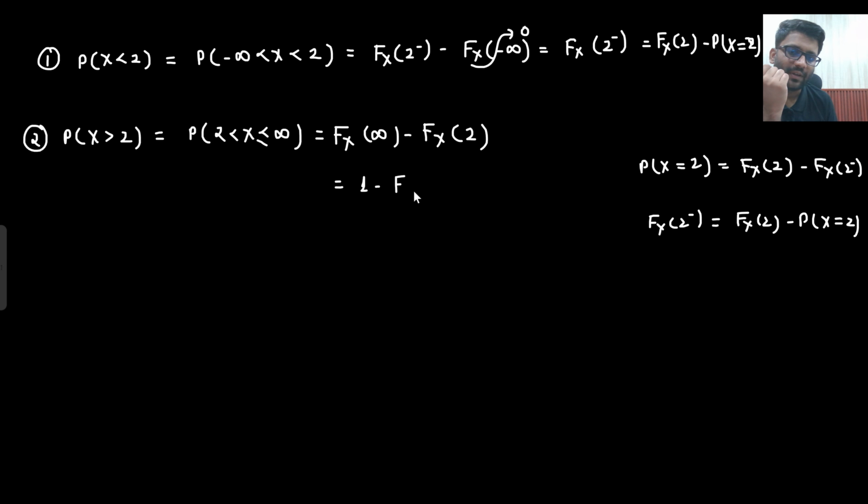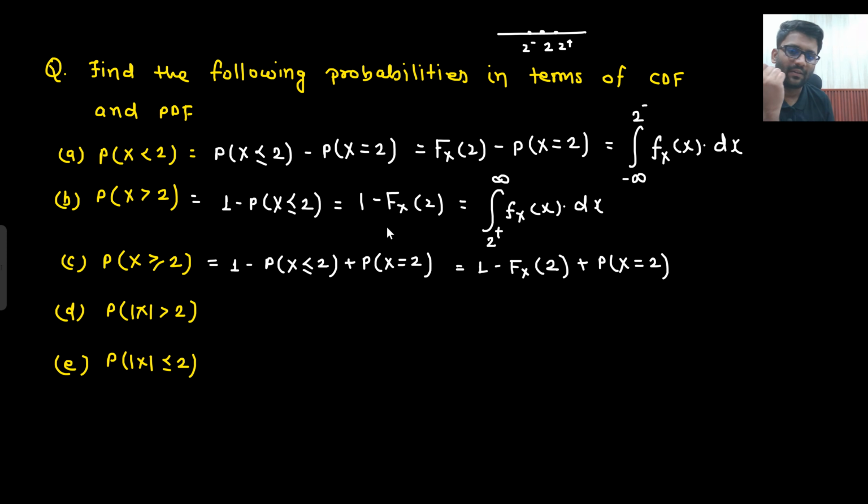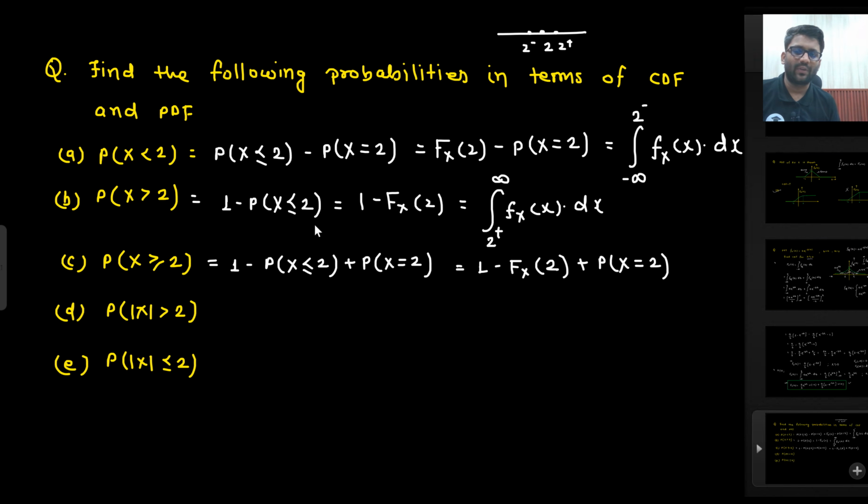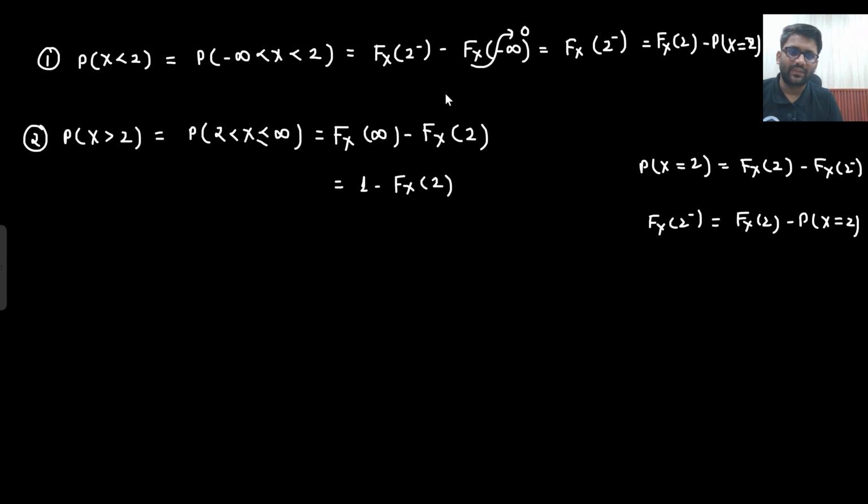So the answer is 1 minus Fx of 2, which we were getting here. 1 minus Fx of 2, right? And here minus infinity to 2 minus, 2 plus to infinity, that you can do from here only, right? From here as well. If you see this particular thing, you will take the integration from minus infinity to 2 minus, here you need the equal sign, which is not there, fx of x dx.